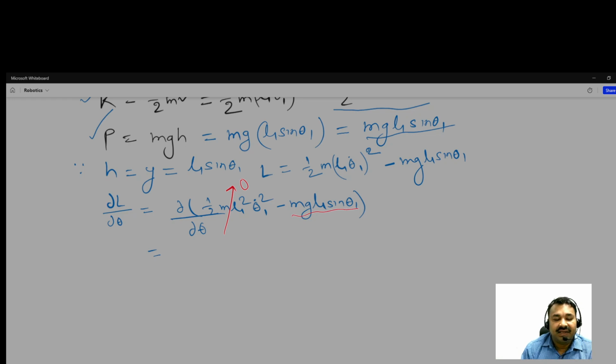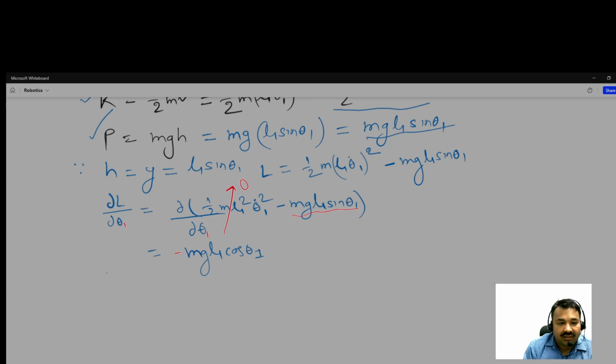Here it is theta i, so obviously theta 1. So it is minus mg L1 cos theta 1.